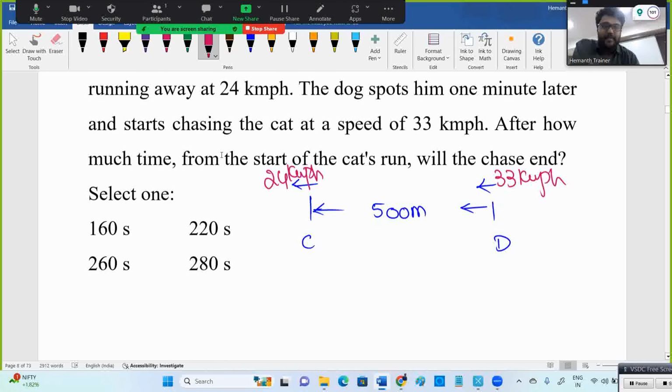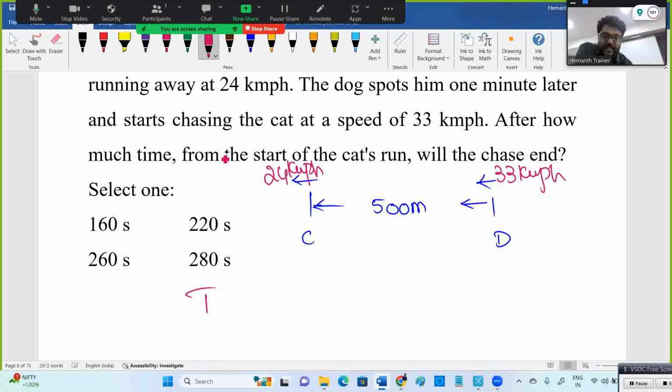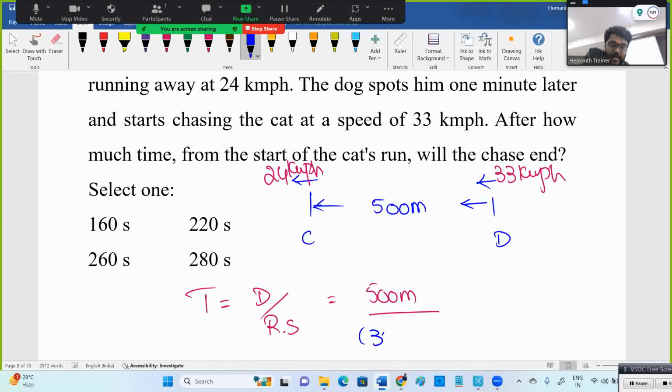The regular format is time equals distance by speed, relative speed because both are moving. Distance is 500 meters, or you can convert into half a kilometer also. It's all up to you. Relative speed, what should come here? Is it 33 plus 24 or 33 minus 24? 33 minus 24, and you need to multiply with kilometer per hour.